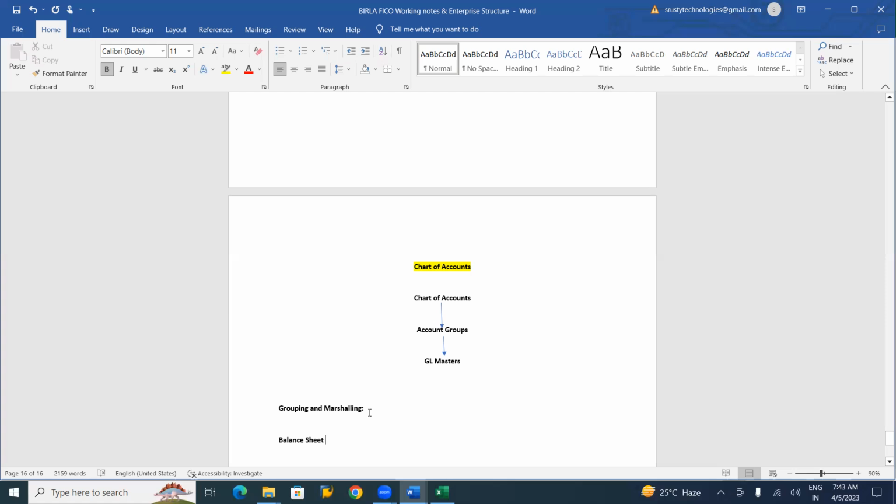First of all, we need to understand the concept called grouping and marshalling before we start with the balance sheet.